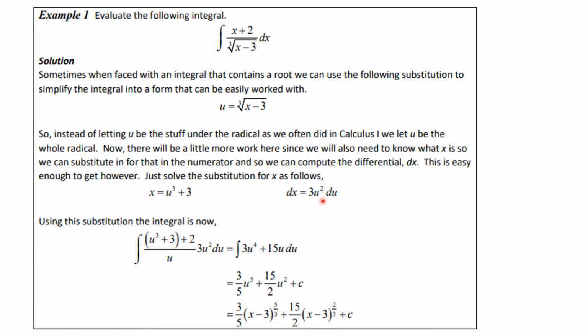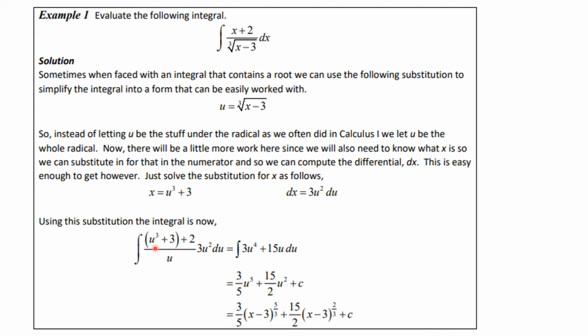And so now we're going to substitute this into our equation. So instead of x, we're going to write u cubed plus 3 by this substitution. 2 is 2. And here you had the cube root of x minus 3, and that's just u. And here was dx, but dx is 3u squared du. So we have all of this. Now, what we're going to do then is multiply these things together.